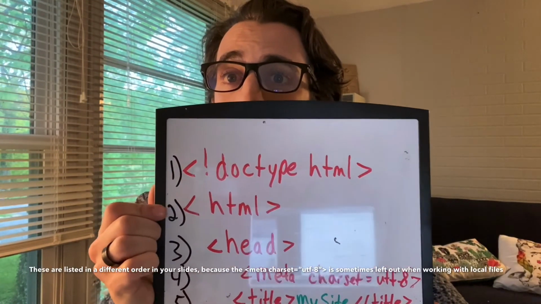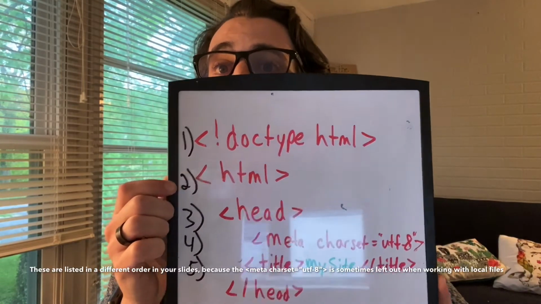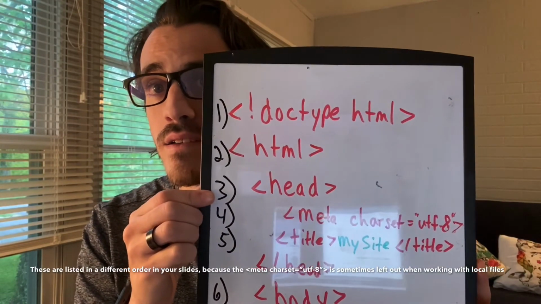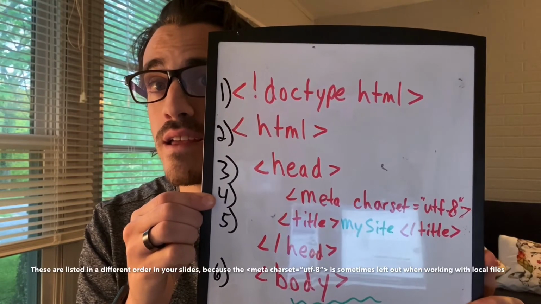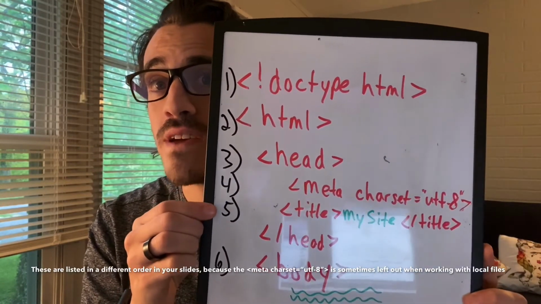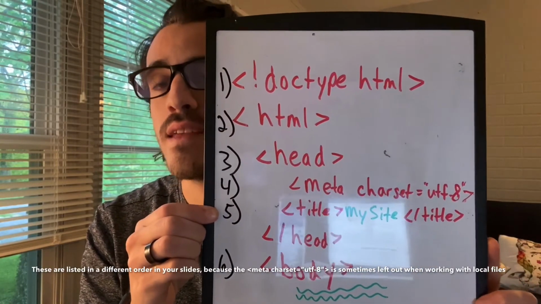The second one is your HTML tag. The third one is your head tag. The fourth one, meta charset equals UTF-8. Notice that's in the head tag. The fifth one is your title tag. This is the title that is displayed in the browser.